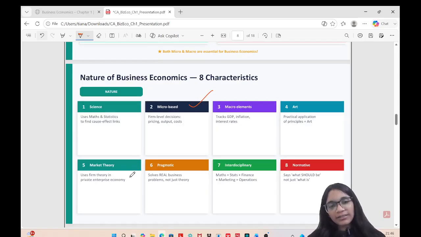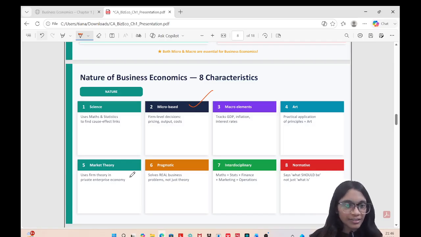Fifth one is market theory, understanding the demand supply theory and everything. This is nothing but when price increases, the demand decreases. When price decreases, the demand increases. Market theory for your business, applying it. It's pragmatic in nature, it solves real life scenarios and problems.